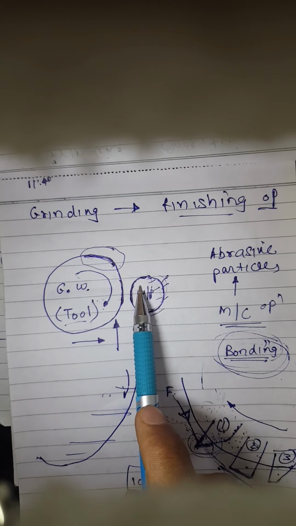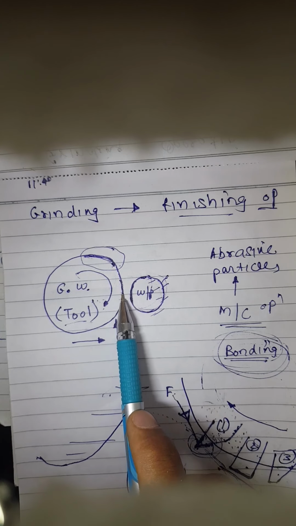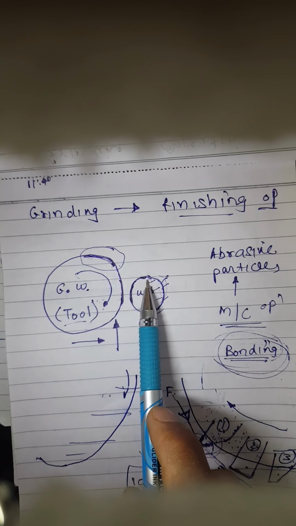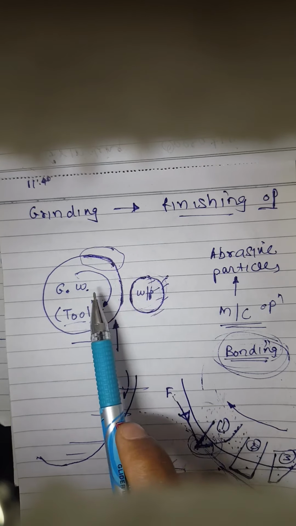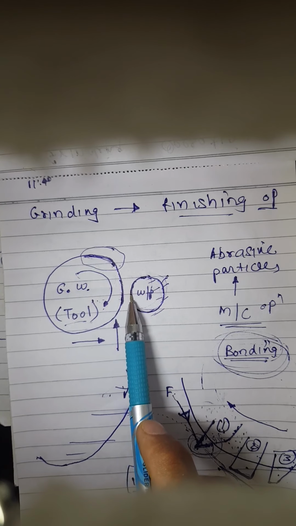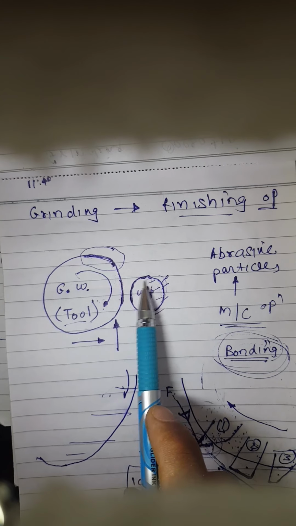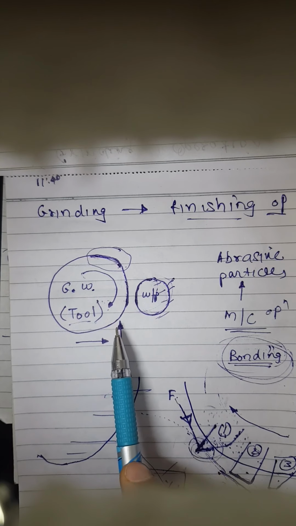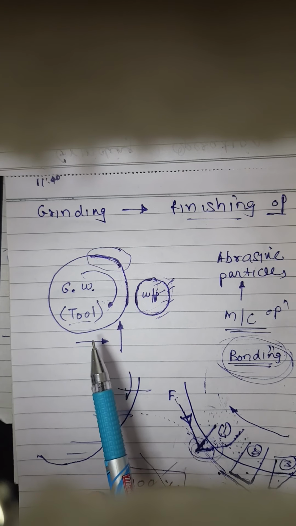I am not denying that there would be material removal from the grinding wheel, but that is something we'll be discussing a bit later. What I'm interested in is machining the workpiece. When there is a relative motion between one surface and another, there is some material removal or wearing of the surfaces, and that is the principle by which we remove material from the workpiece using the grinding wheel or grinding tool.